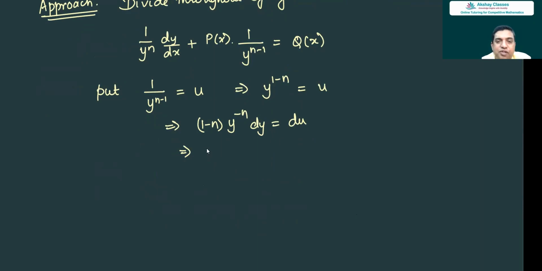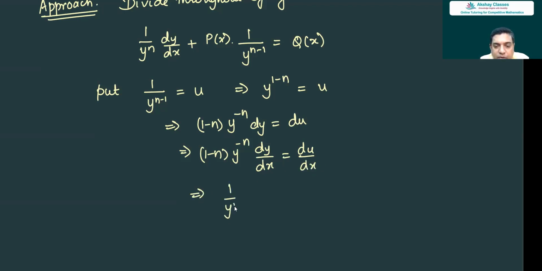So if we differentiate with respect to x, both are functions of x. This also implies that 1 minus n into y to the power minus n dy by dx is equal to du by dx. So 1 upon y power n dy by dx will become equal to 1 upon 1 minus n du by dx.